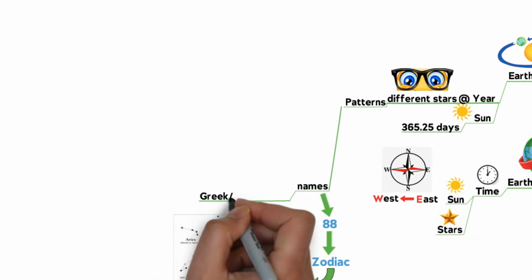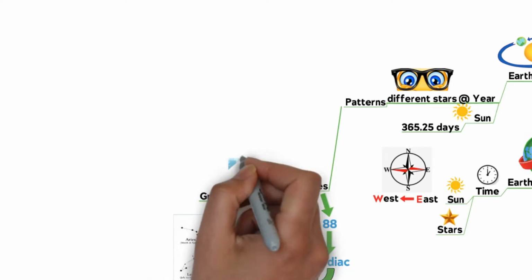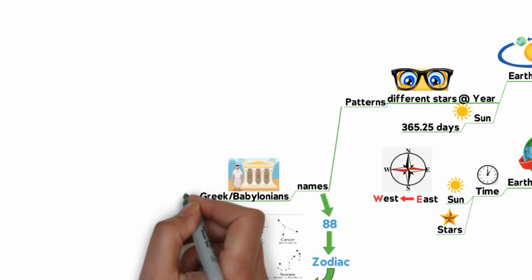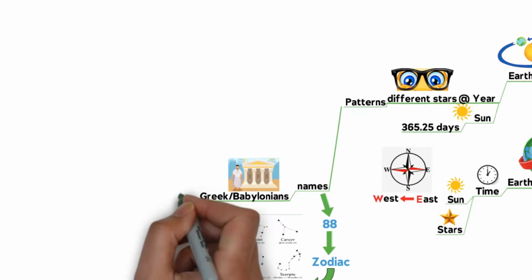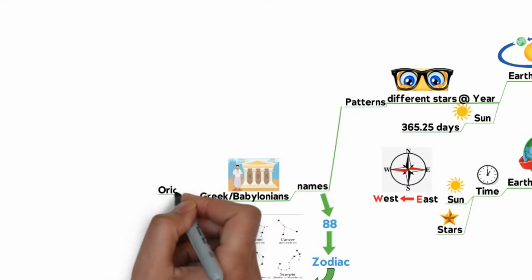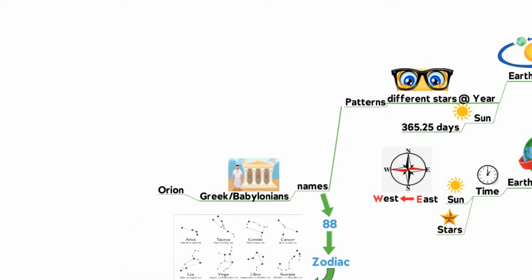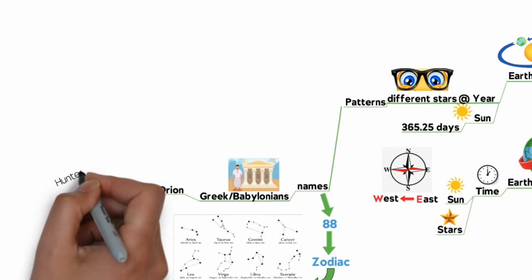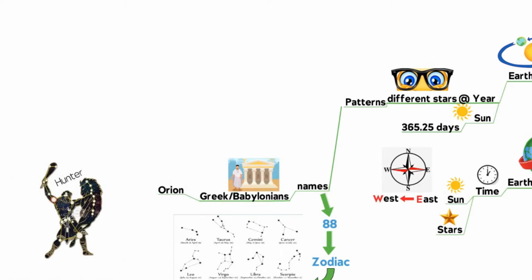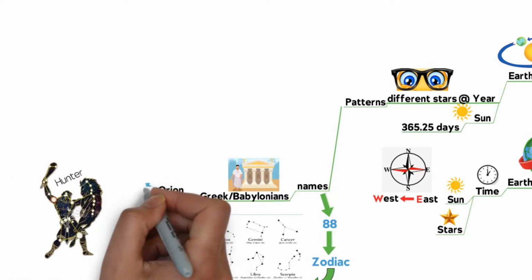Many of these constellations have names that can be traced back to early Babylonian and Greek civilization. For example, the Greeks called the large constellation Orion, which means hunter, and is prominent in the night sky all over the world during winter.